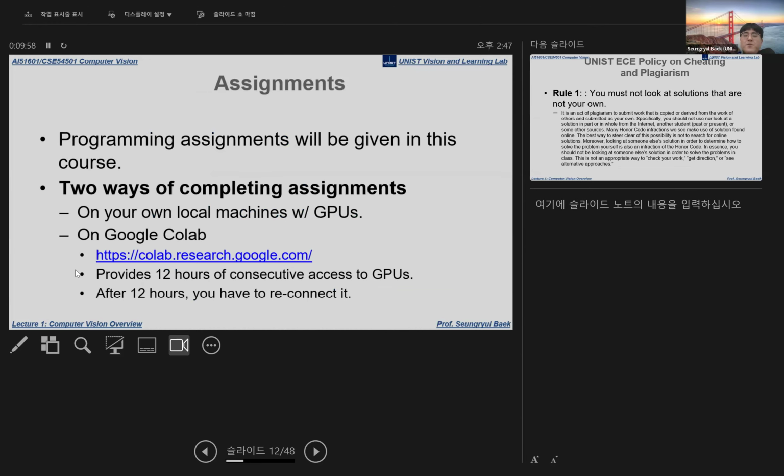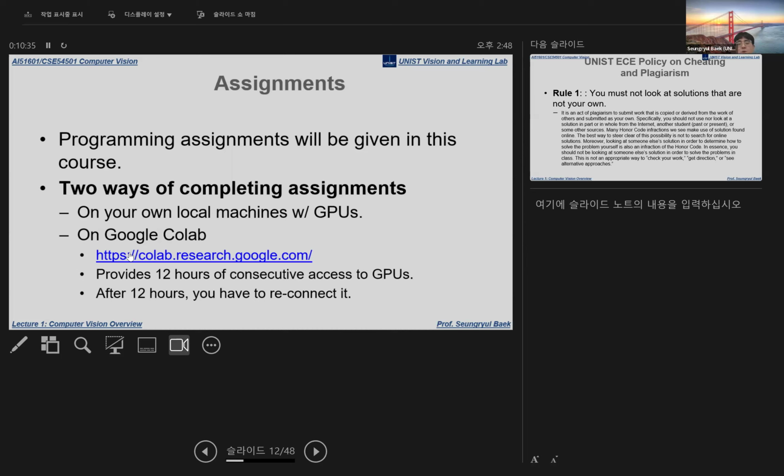And also for the assignment and final term project, you have to have a reasonable amount of GPU resources, okay? Because this is a graduate course, we are assuming that you have a sufficient amount of GPU resources in your lab. But if you don't have enough resources, then another option might be using Google Colab.